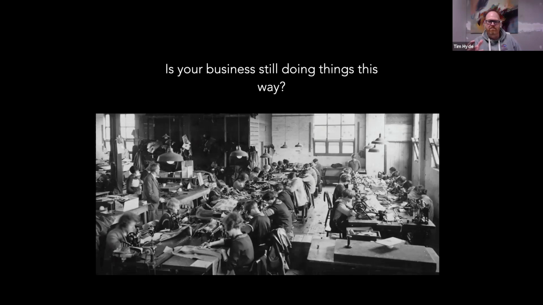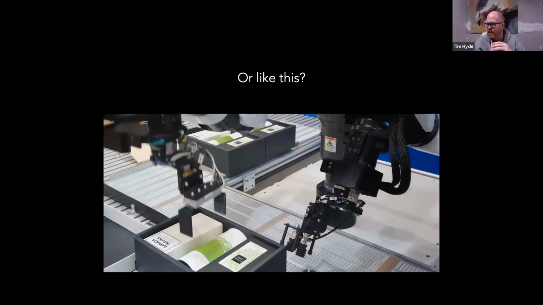Over the last 300 years, those tools have allowed us to do significantly more than we were previously able to do. But we're going to look at where our businesses are in the total landscape. We've got a bunch of competitors that we have to win business against, and we've got to think about whether our business is still doing business in this way, or whether our business is doing more business like this.